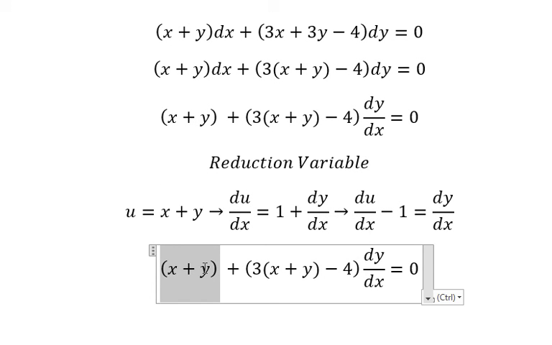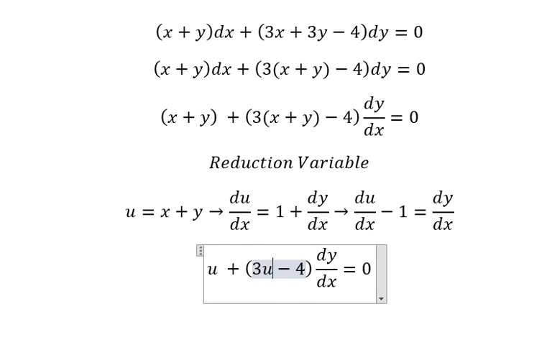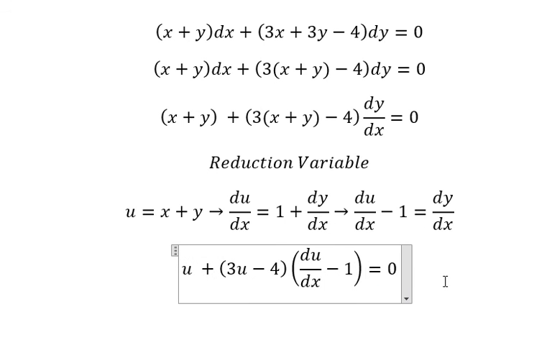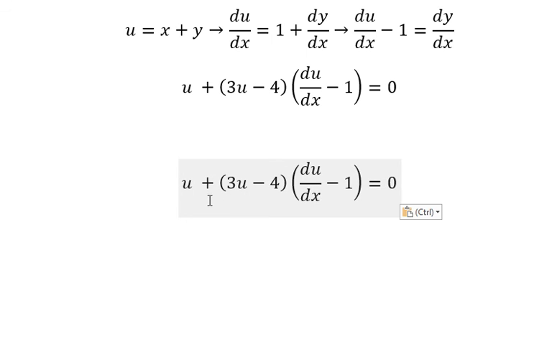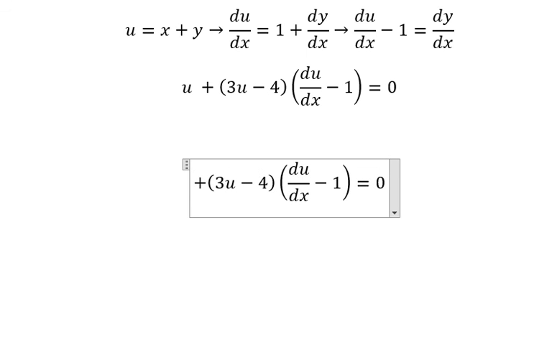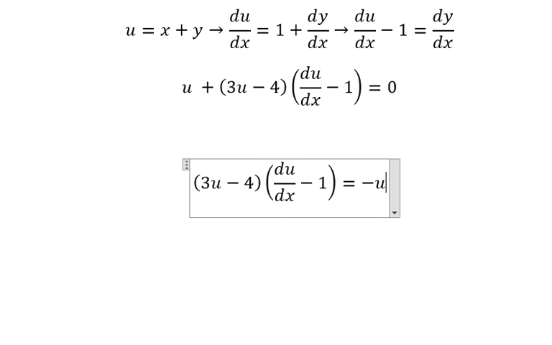This one we change by u. This one we change by u. dy over ds we change by this one. Next, I will put u to the right. And we have negative u.